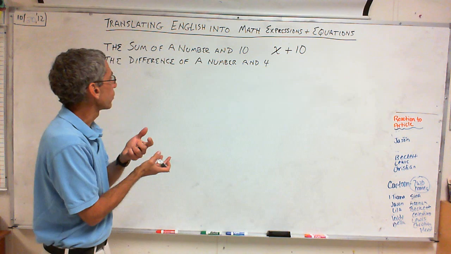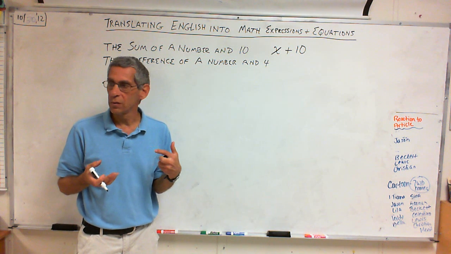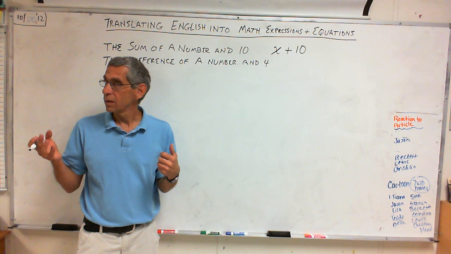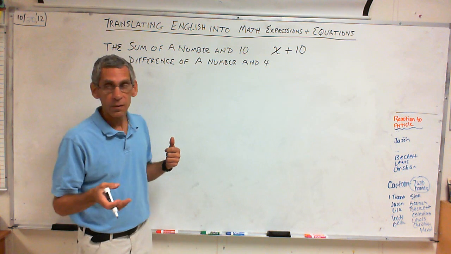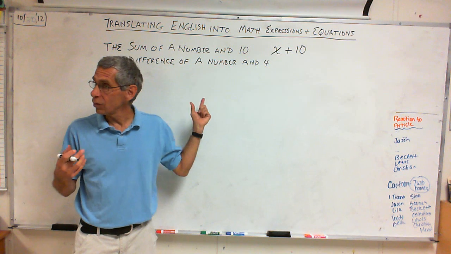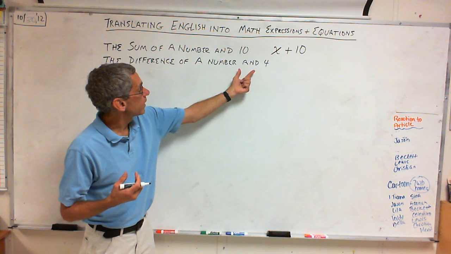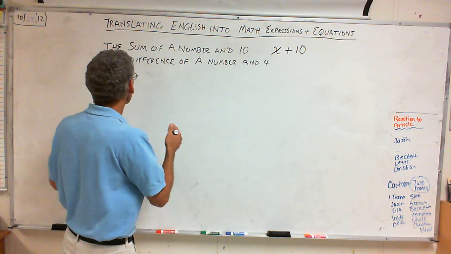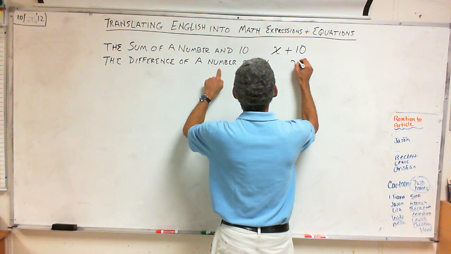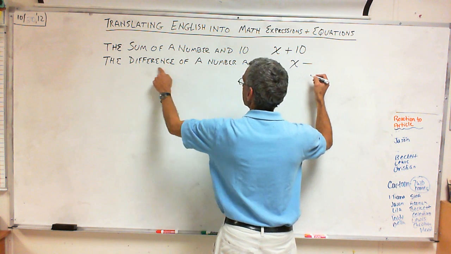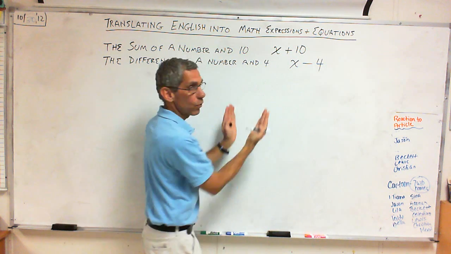Do you subtract 4 from the number or do you subtract the number from 4? Does anybody know? Liam? I think it's 4 from the number. Yeah, you actually write them in the order that you see in the sentence, and then you put the minus sign between the two numbers. So here we go. We've got the difference of a number, so I'm going to write the number, and that's my minus, 4. Look at that. So I put the number first and 4 second, right?